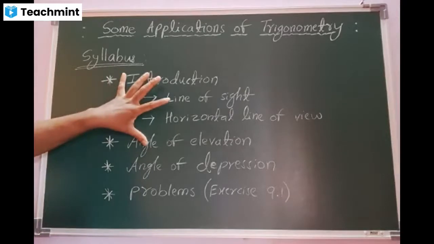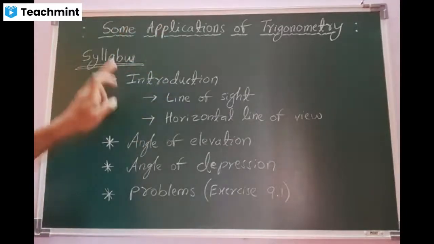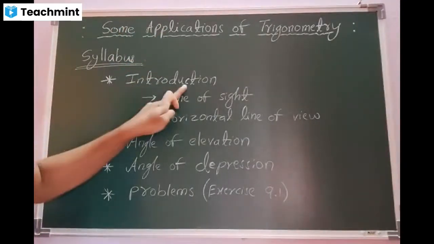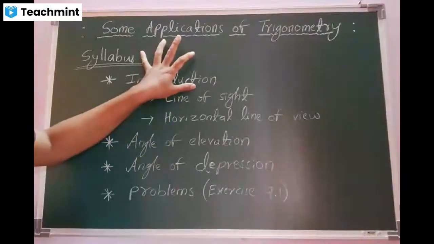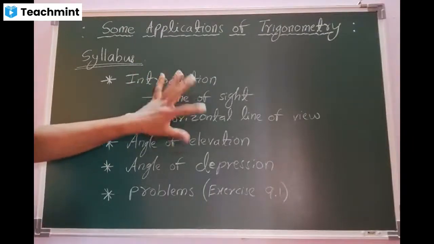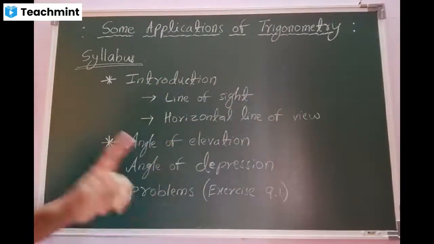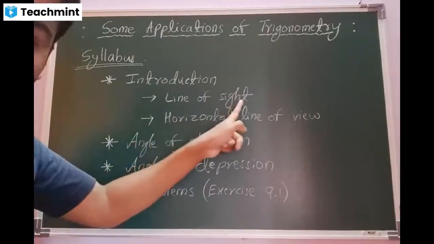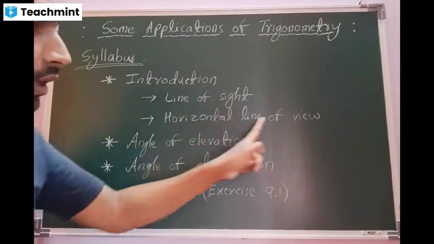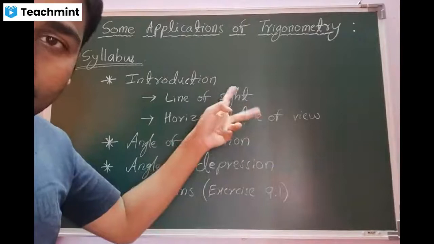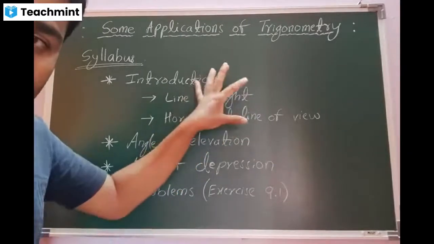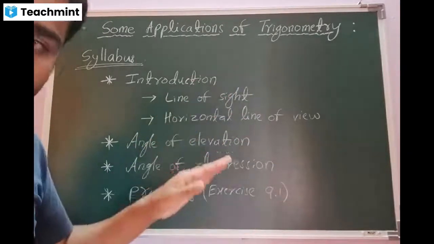The syllabus for the chapter is, first, we have to deal with introduction. In introduction, there are two concepts which you have to understand: line of sight and horizontal line of view. These are the fundamental definitions which you should understand to proceed further.